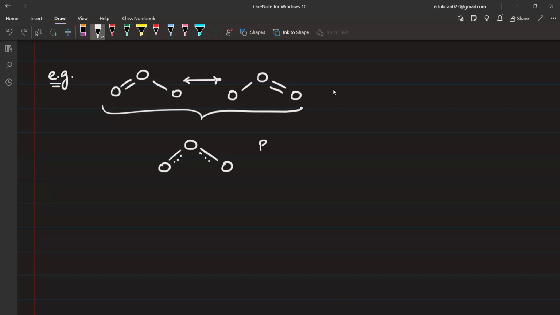So this is known as resonance hybrid structure. All of you got this? Yes or no? Please tell me.